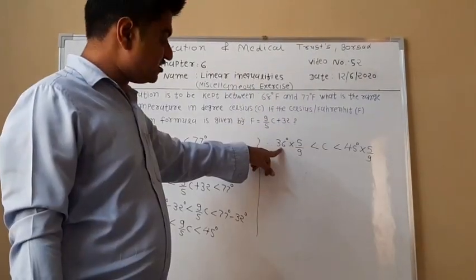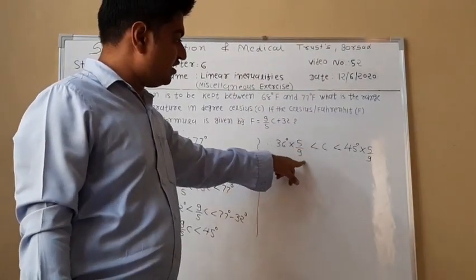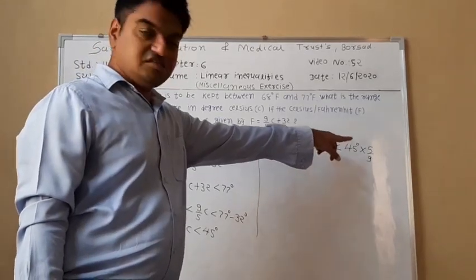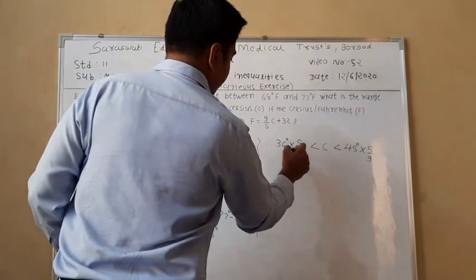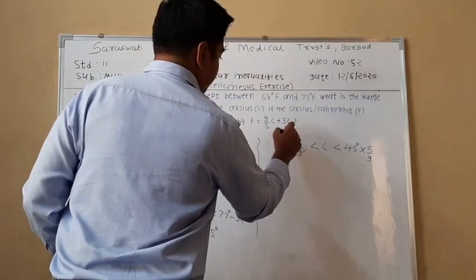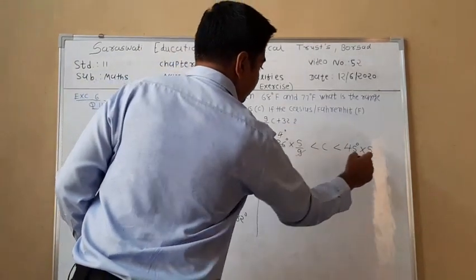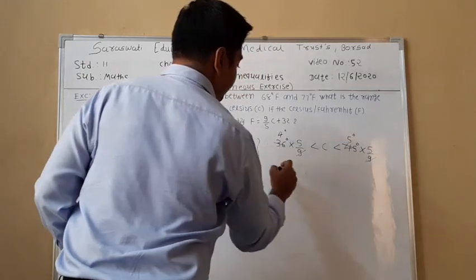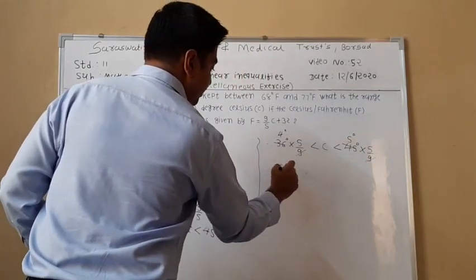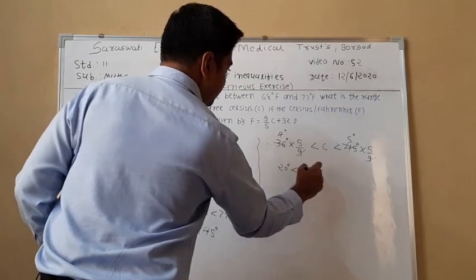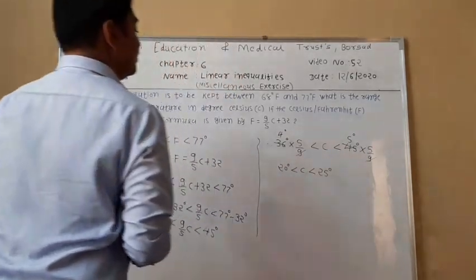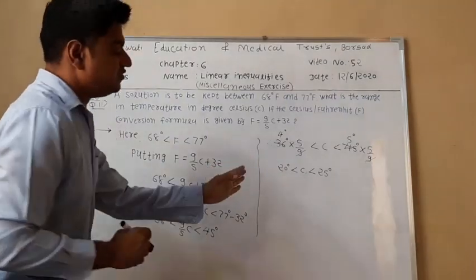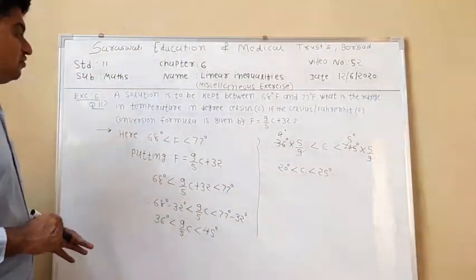Now after canceling out this term, here we get 4 degree, and here canceling out this term, here 5 degree. 4 degree into 5 degree, that means 20 degree less than C less than 25 degree. So here we get the Celsius form between 20 degree to 25 degree.